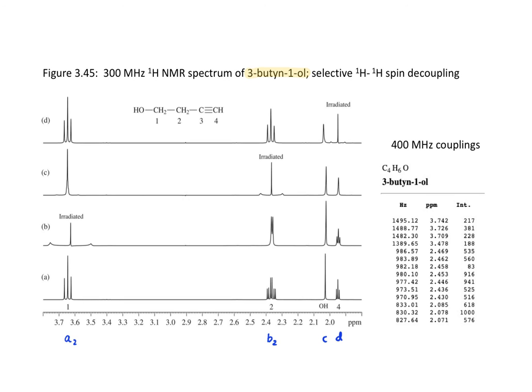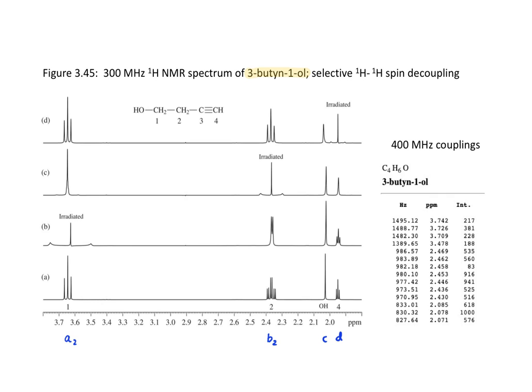The selective proton-proton spin decoupling experiment is not that widely used any longer. However, you can see how irradiation simplifies the coupling patterns and shows which protons are affected by coupling with other proton nuclei.